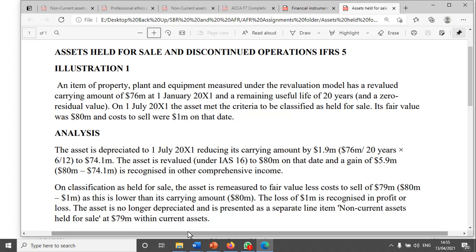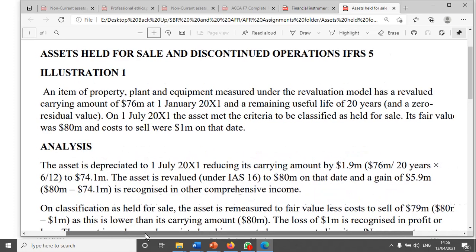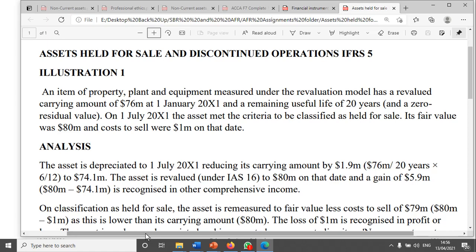We have that illustration in front of us: an item of property, plant and equipment measured under the revaluation model has a revalued carrying amount of 76 million at 1st January 20x1, with a remaining useful life of 20 years and a zero residual value.